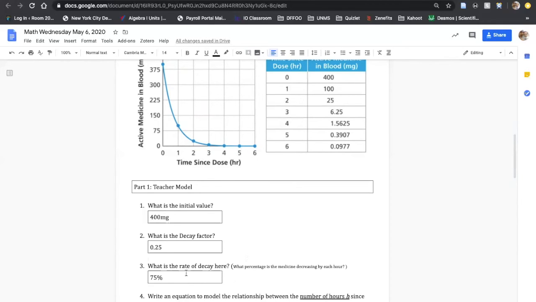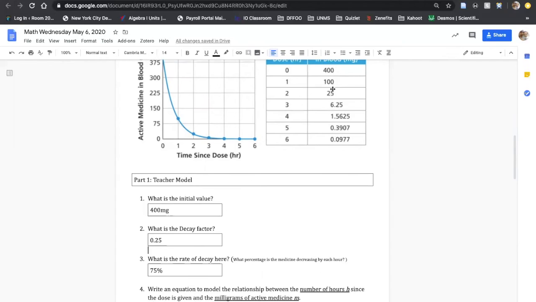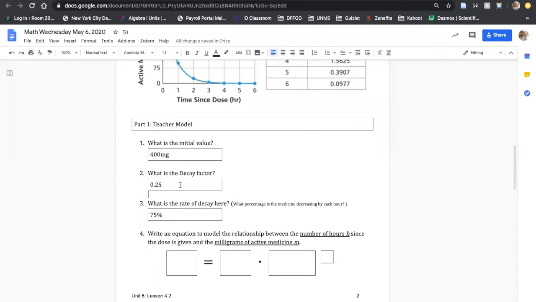So the rate of decay here tells me that going from 400 milligrams to 100 milligrams, it decreased by 75%, right? It decreased by more than half. Half of this would be 200, and it went to less than half, okay? So again, don't worry too much about that part. Focus on the decay factor and the equations today.